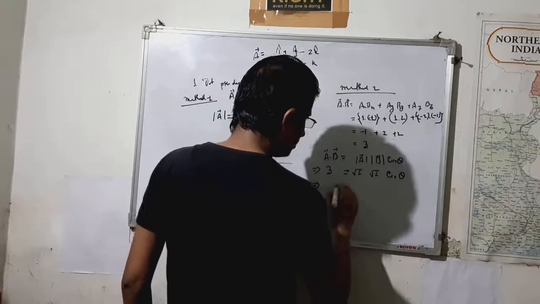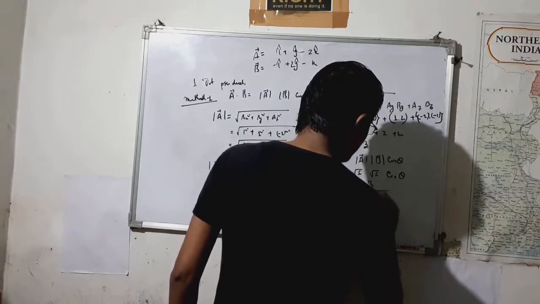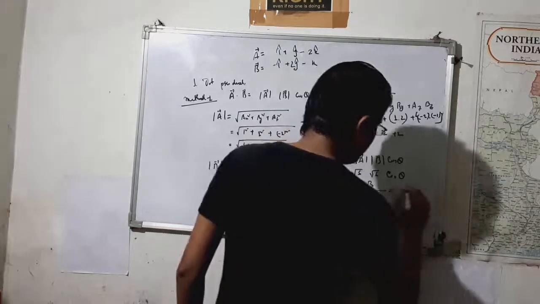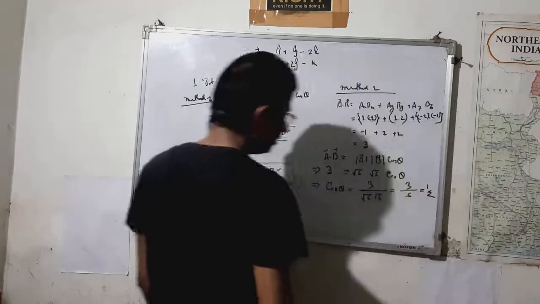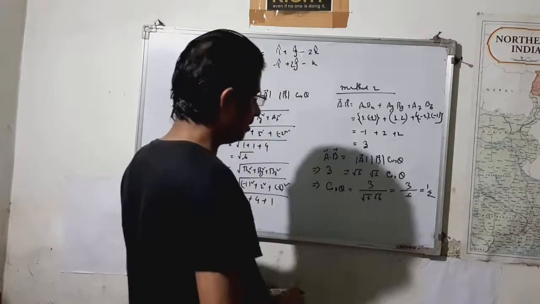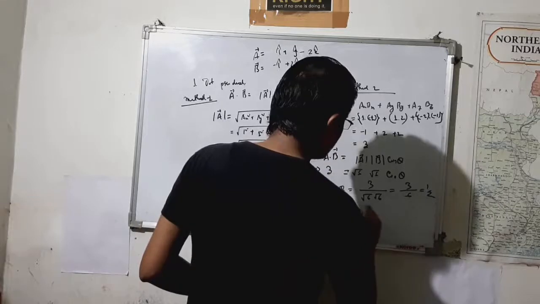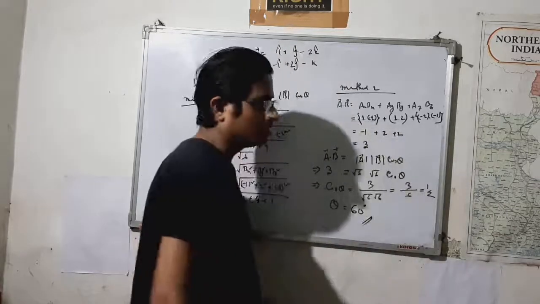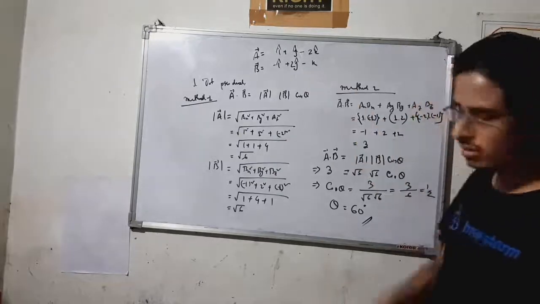So cos theta is equal to 3 by root 6 into root 6, that means 3 by 6, or equal to half. So we know that cos theta equals half when theta equals 60 degrees. So in this way we can calculate the angle between these two vectors.